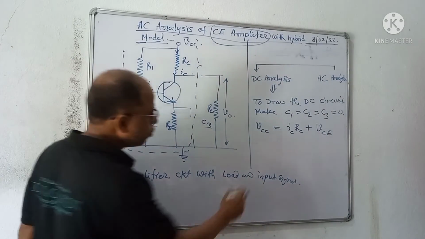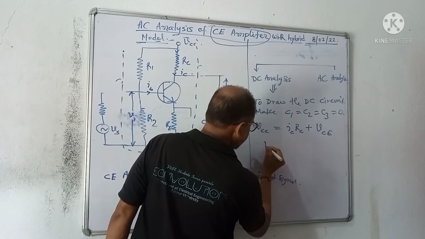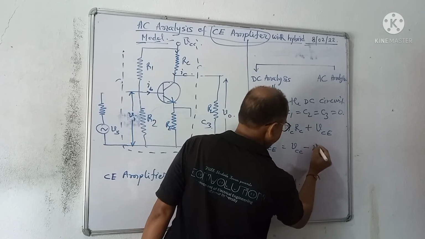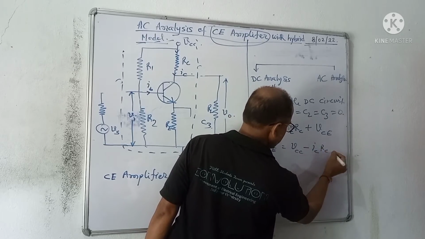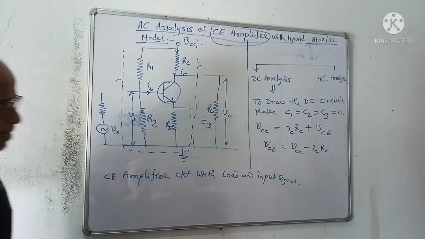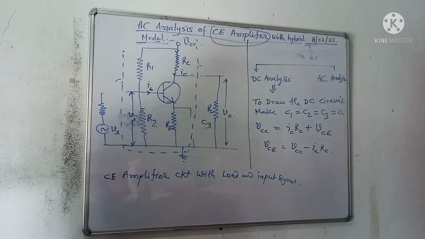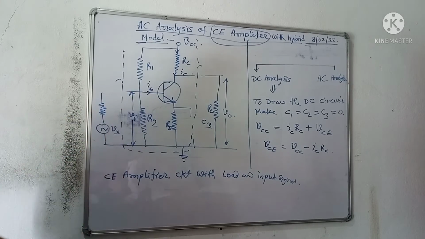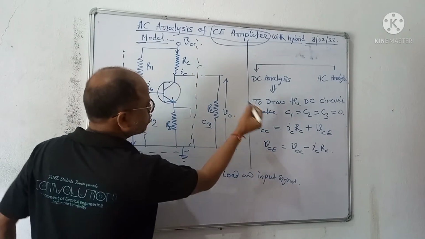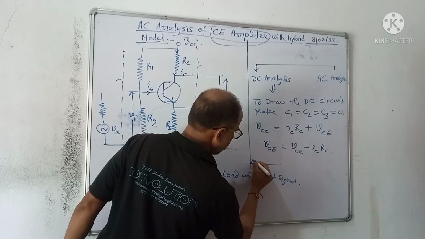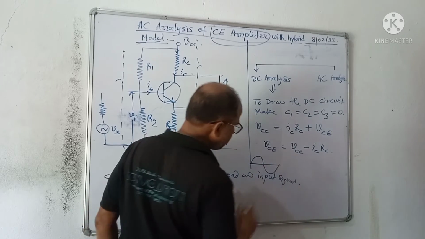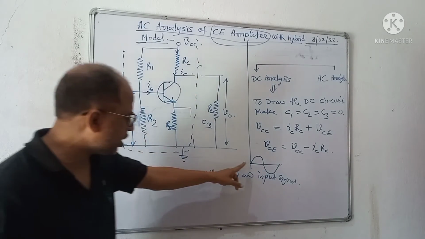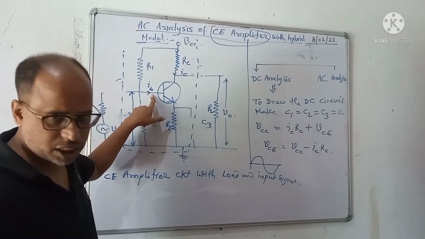Therefore, VCE is equal to VCC minus IC into RC. Now, if you connect the signal, the signal looks like this. When the signal is increasing, IB is increasing.